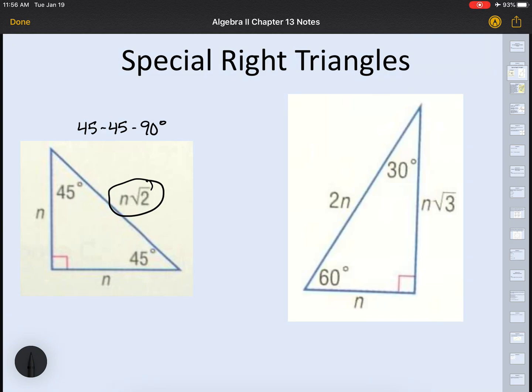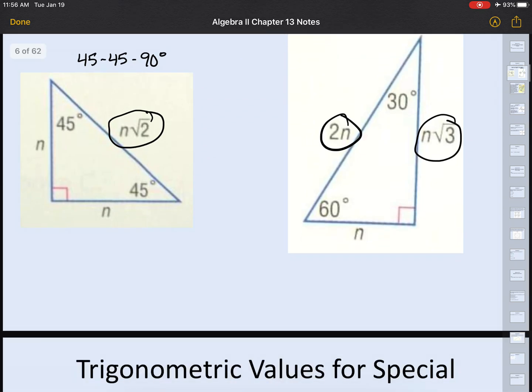Then our other one is a 30, 60, 90 degree triangle, where the shortest leg is just half of the hypotenuse, but if we take that short leg and multiply it by the root of 3, that's our longer leg. These are special triangles that you'll see everywhere with trigonometry, so it's pretty good to know them.